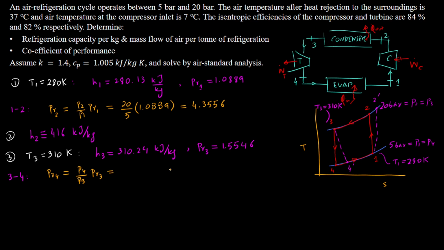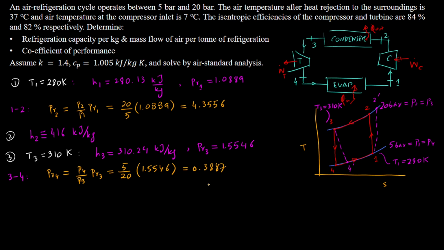And now it's inverse, so it's 5 by 20 into PR3, which is 1.5546, and that's going to give us the value of 0.3887.